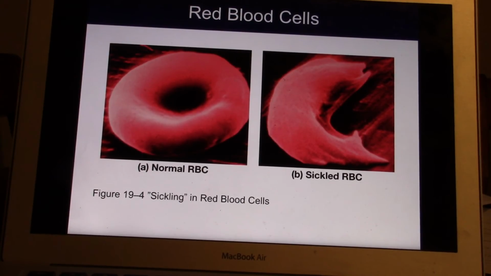The problem with a sickle cell is that, first of all, the hemoglobin is a little bit abnormal, and the reason that's a problem is that when the sickled hemoglobin gets short on oxygen, a little bit desaturated, it changes the whole shape of the cell. And so instead of being the nice biconcave disc like you see here on this side, it can shape itself like this.